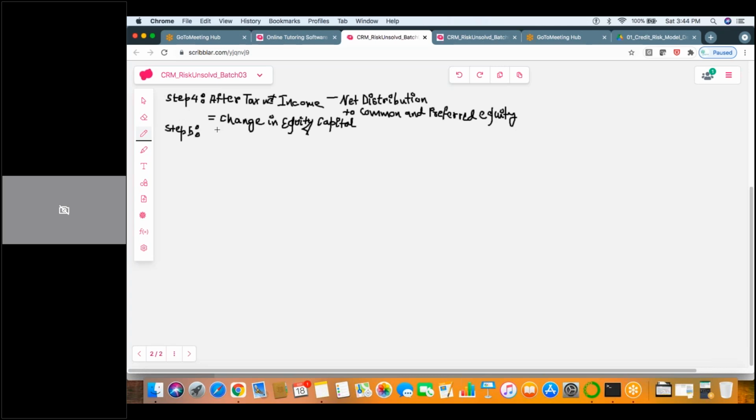So change in equity minus the net deduction to regulatory capital.